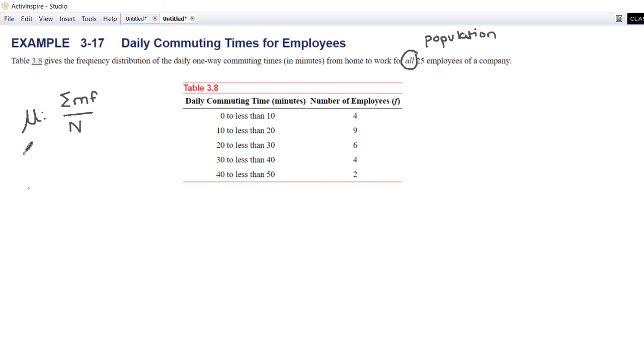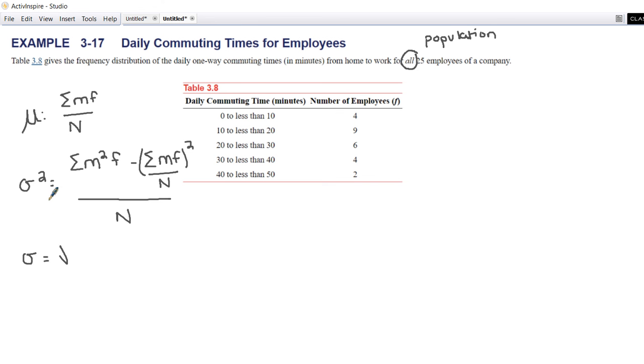Then our formula for variance is sigma squared, the sum of midpoints squared times the frequencies, minus the sum of the midpoints times frequencies, squared, over n, and then that whole thing over n. And then the standard deviation is going to be the square root of the variance.